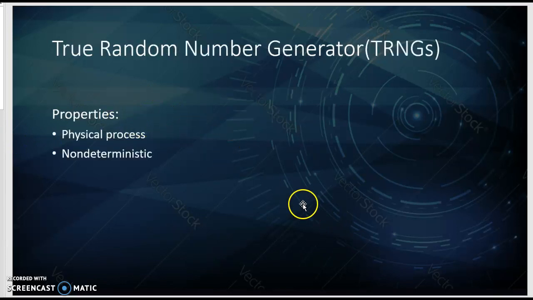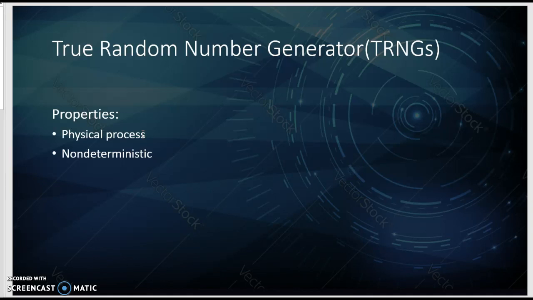The true random number generator is best defined by two properties. First, a physical process, which means that a true random number generator extracts its randomness through physical processes like free running oscillation in electronics and noise.